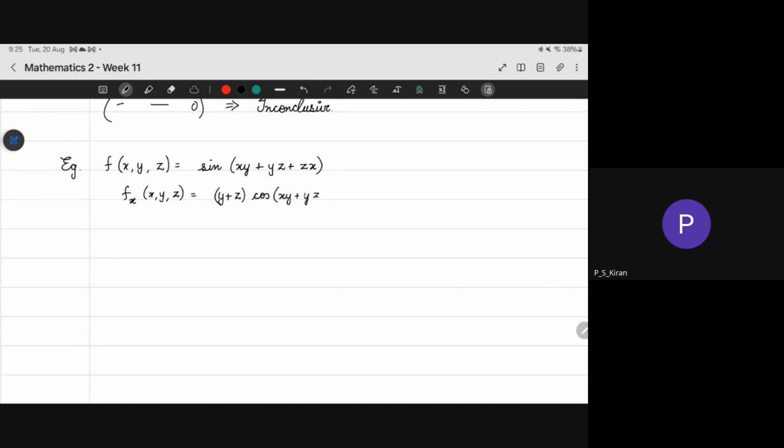Oh, I don't think this will be easy. How will I even determine the critical points of this? If we cannot determine critical points of this, we'll skip the sine and just do xy plus yz plus zx.